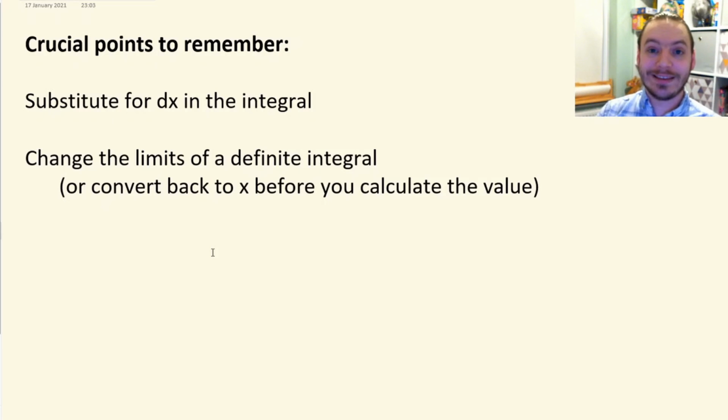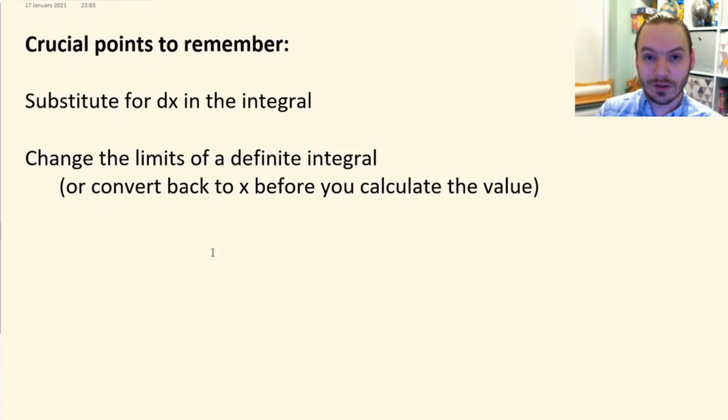And if we have a definite integral, you need to change the limits of that definite integral as well, or convert everything back to x before you plug numbers in and calculate values. But generally speaking, changing the limits is simpler and quicker than converting everything back, because generally speaking, we do this so that the integral is simpler, and therefore the answer will be simpler than the converted back version.